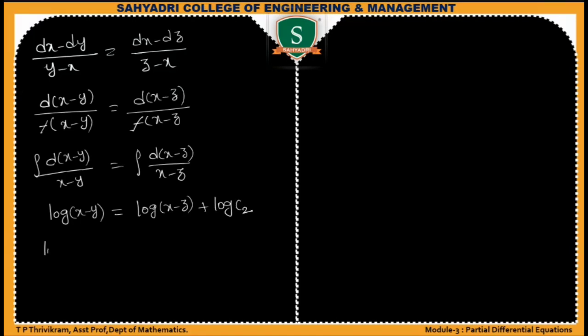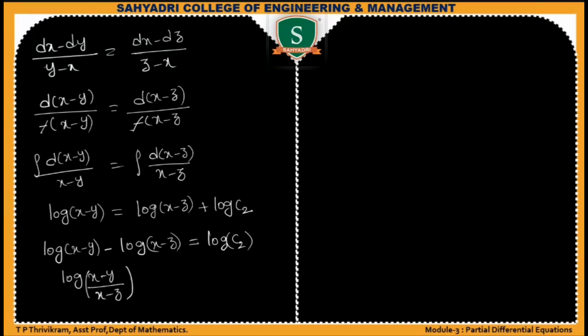So log of (x minus y) minus log of (x minus z) is equal to log c2. We can write it as log of (x minus y) divided by (x minus z) is equal to log c2. So log gets cancelled. (x minus y) divided by (x minus z) is equal to c2. So you can take this as equation 4.